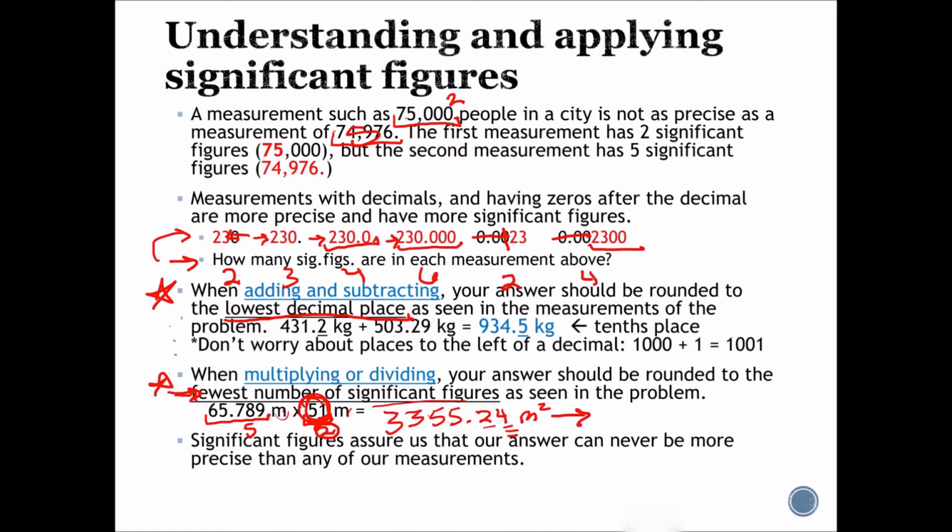You might think that you're losing a lot of numbers here, but you're not, because your answer can't be more precise than any of the measurements. So if I need to round to two significant figures, and this is a 5, that means we're going to round this up. So this is going to be 3,400 meters squared.